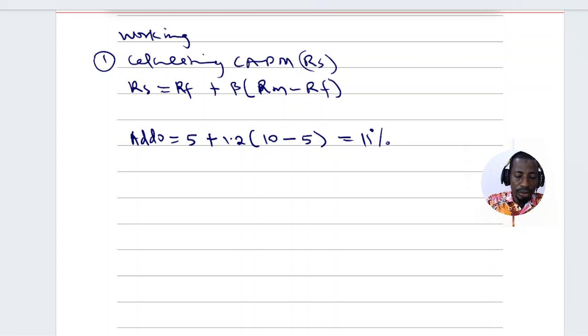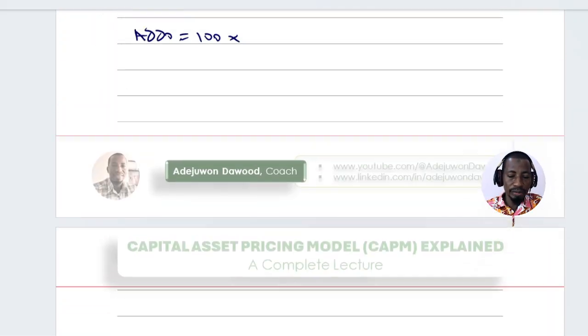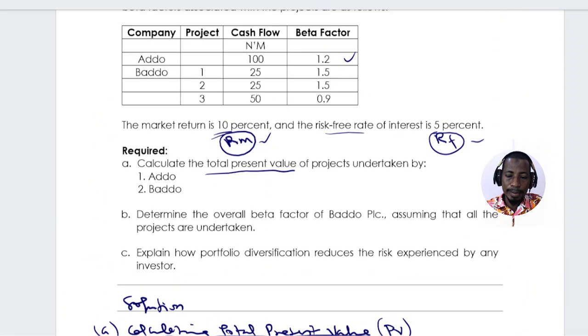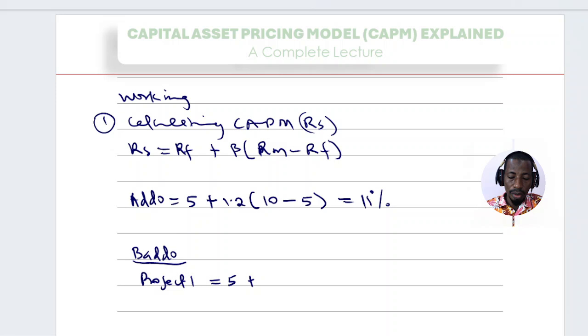So let's compute for Bado. For Bado PLC, there are 3 different projects. Okay, project 1. For project 1, the risk-free rate of return is still the same, 5, plus the beta value of project 1 for Bado, which is 1.5.